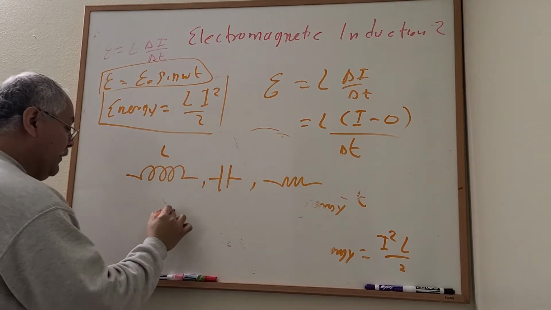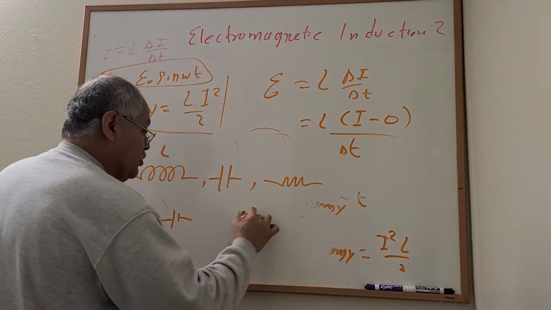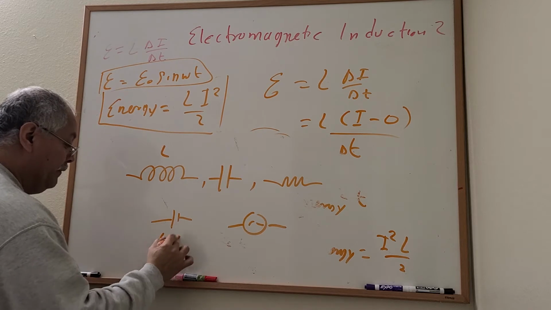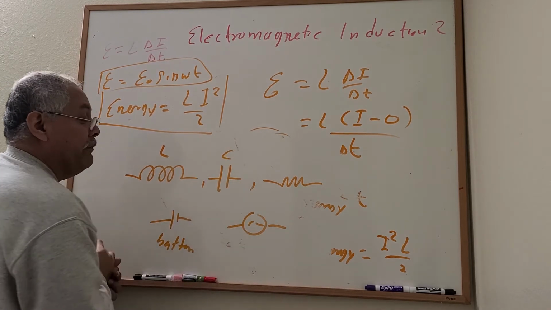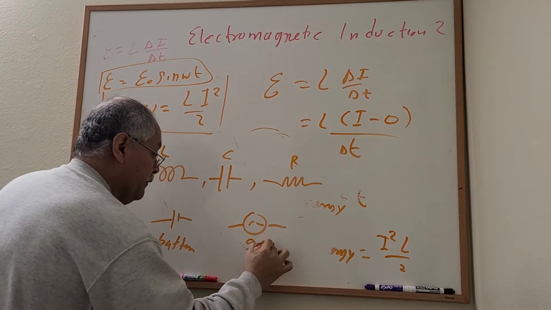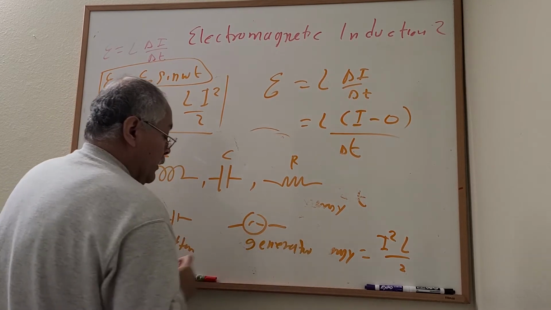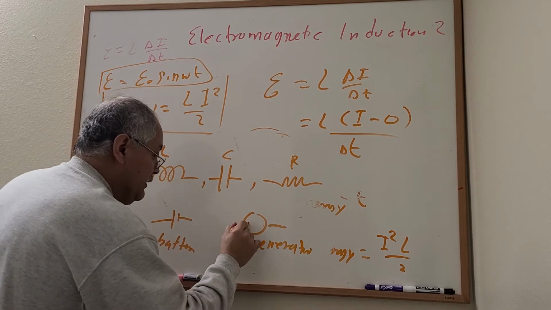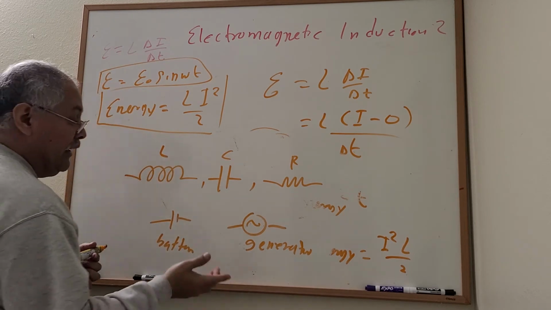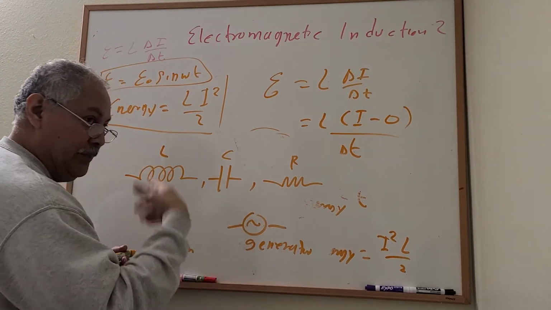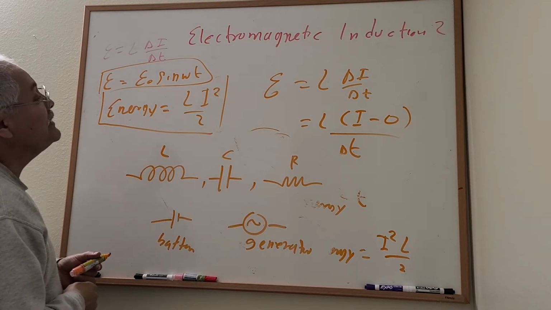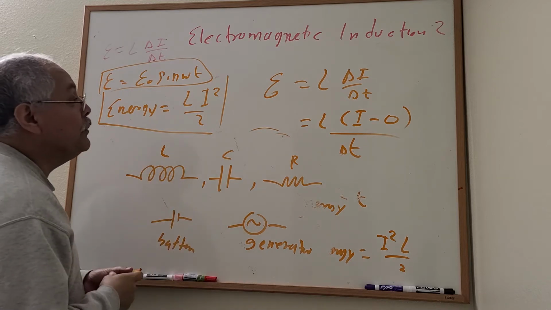Also, we have the battery, and we also have the generator. The symbol is a wave, because it's oscillating. So the current oscillates, the same thing as the voltage. Correct?